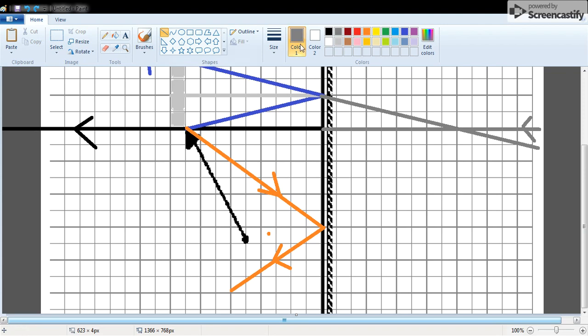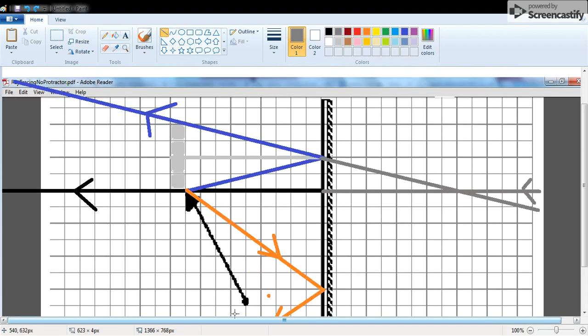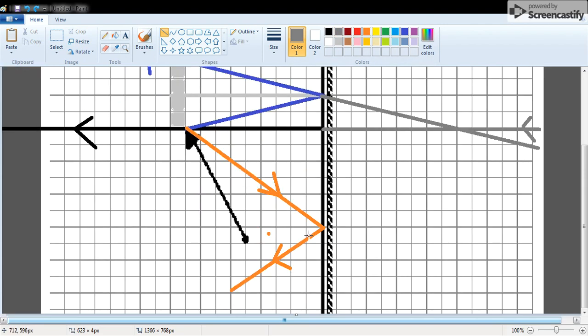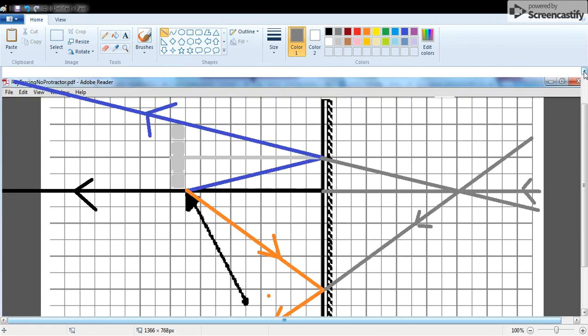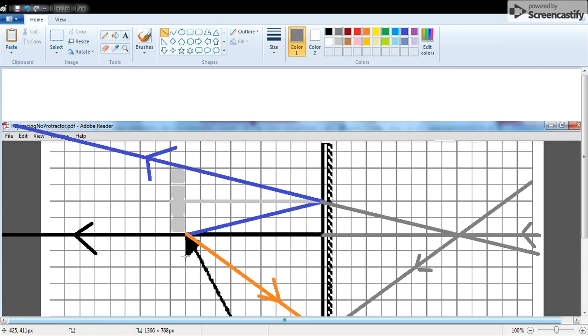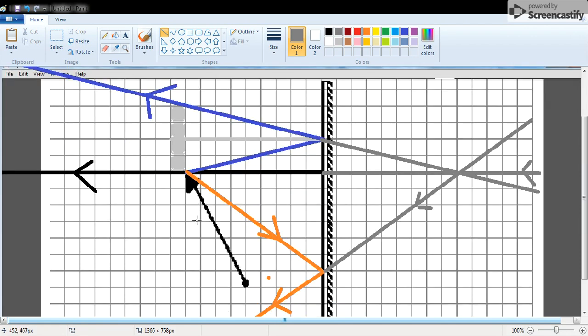Now, where did your brain think it came from? Your brain out here thinks it's such a smarty pants. Your personality may know the light is over here, but your eye is totally duped. Your eye is like, I know where it came from, way back there. So once again, the condition of an image is all the light from this point, the arrowhead. For you to see it, you have to gather all that light.